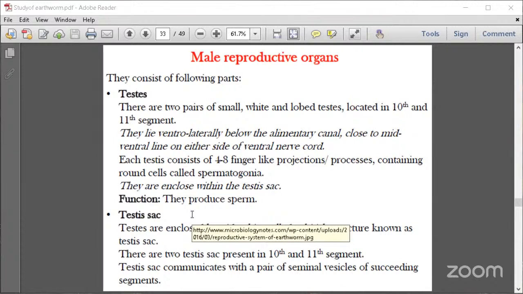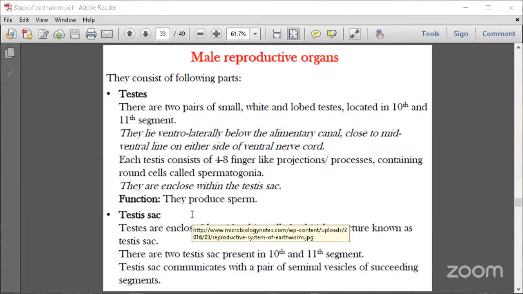Each testis consists of 4 to 8 finger-like projections containing the spermatogonia, which are round cells. They are enclosed within the testis sac.